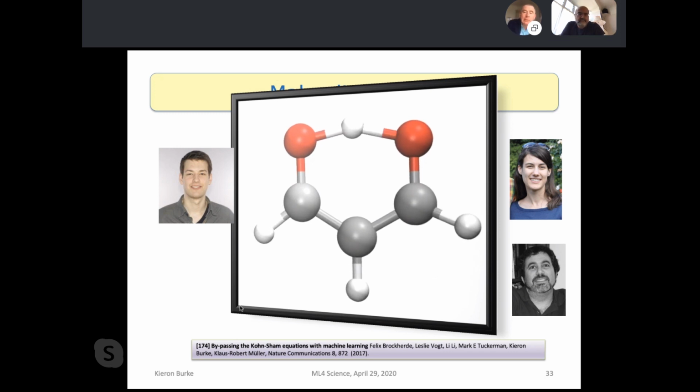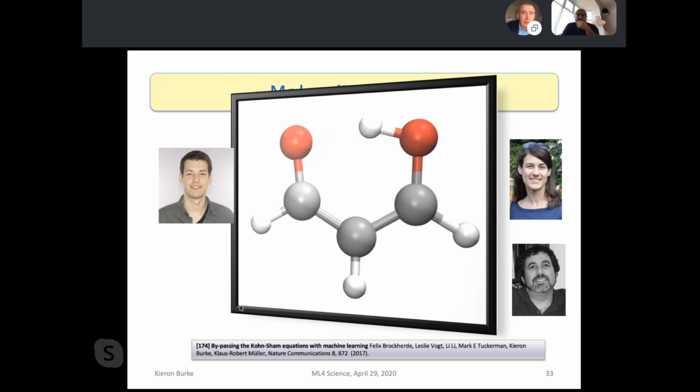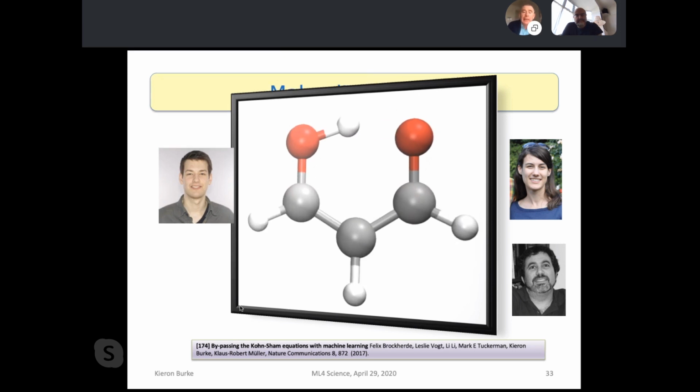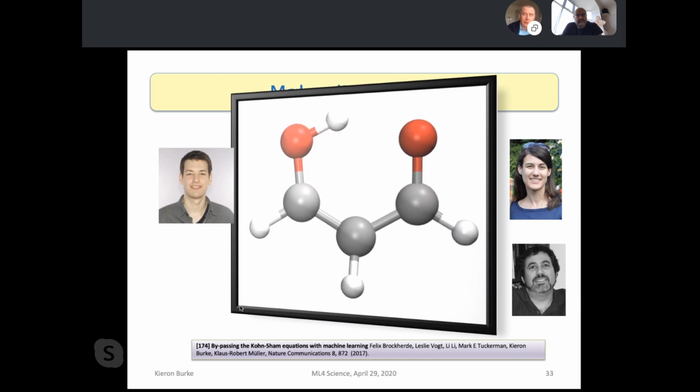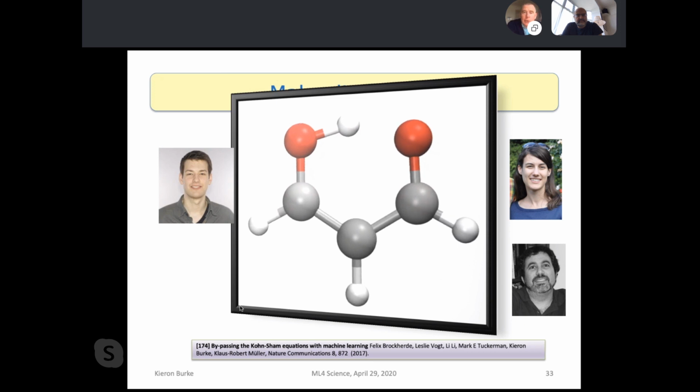We did MD, I think classical MD. Then we take about 2,000 snapshots of the molecule, run the Kohn-Sham DFT on that, and then make a machine-learned force field, not a machine-learned force field, a machine-learned density functional out of the snapshots.